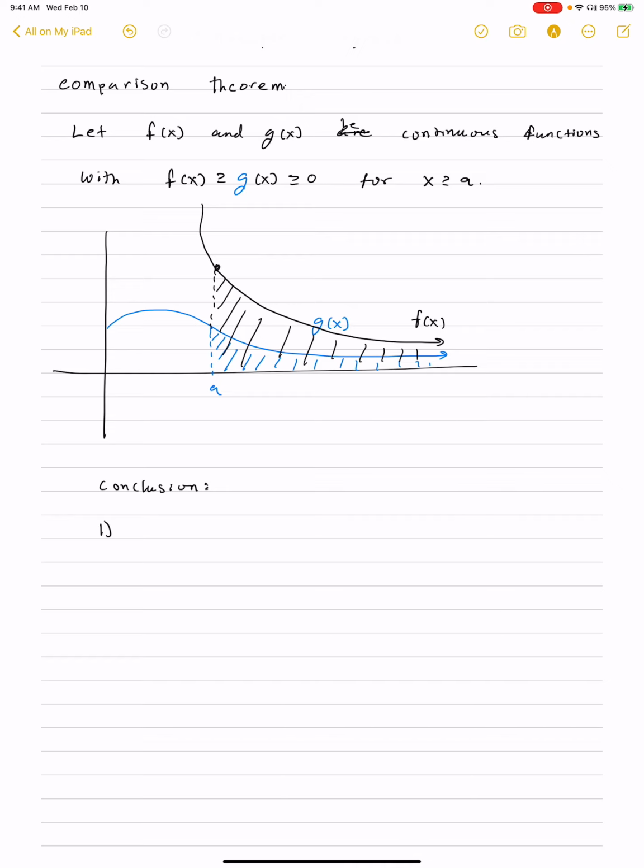One of them says that if this improper integral from a to infinity of f of x is finite, i.e. the improper integral converges, then logically, so does g of x.